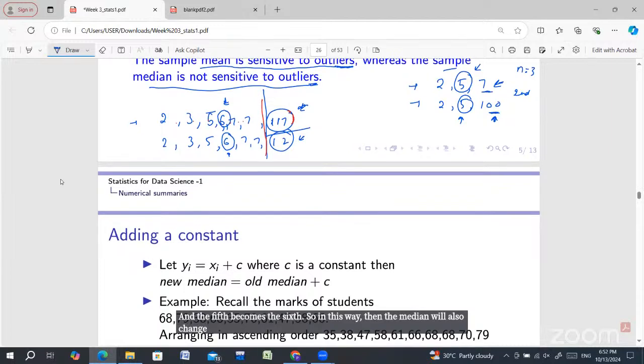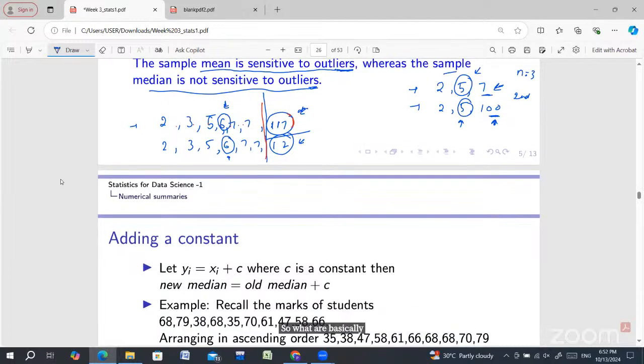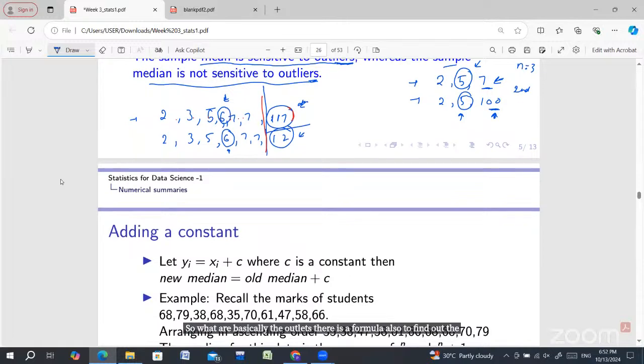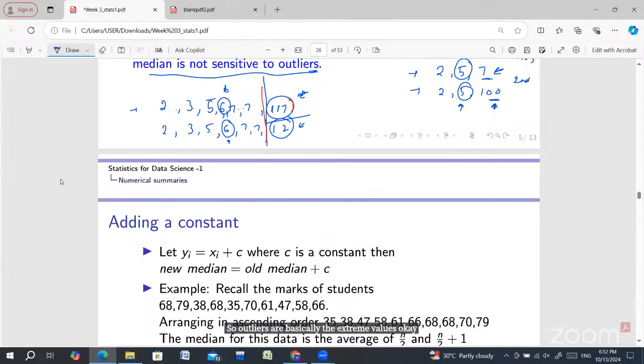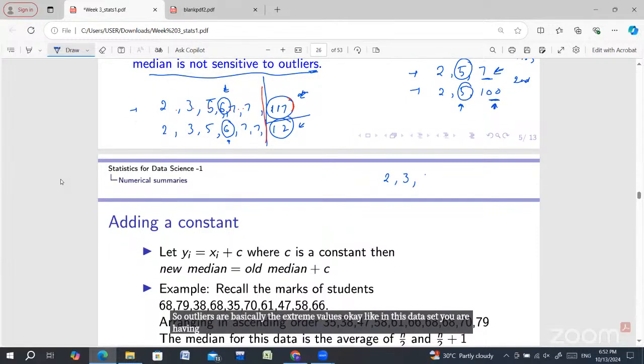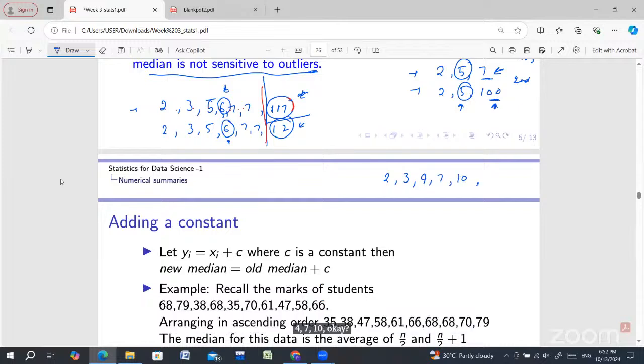So what are basically the outliers? There is a formula also to find out the outliers. But in general terms, outliers are basically extreme values. Like in this data set, you have values like 2, 3, 4, 7, 10, and your outlier will be like 210. You can see that this is an extreme value.